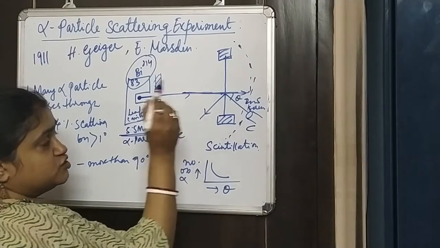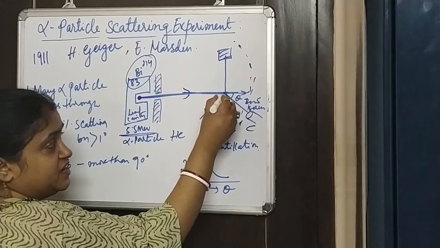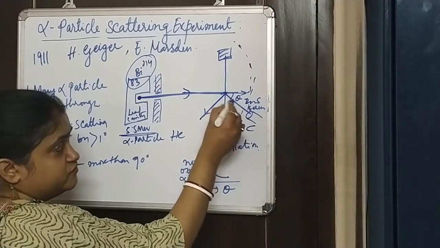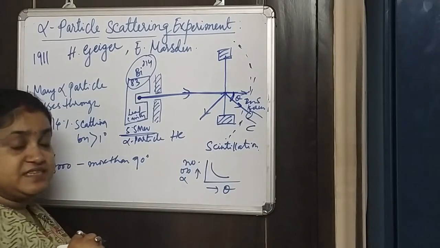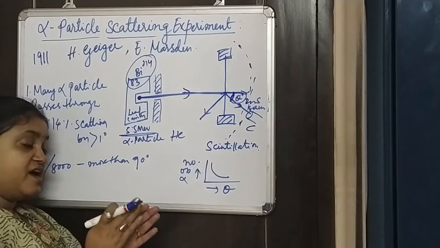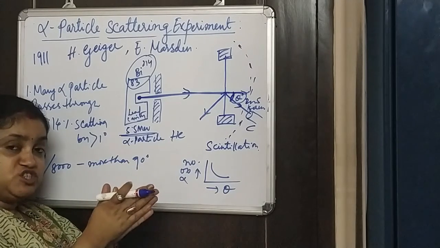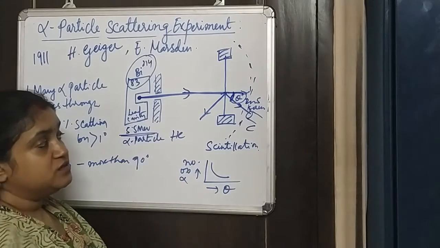Suppose this is the initial direction of the alpha particle, and after hitting, whichever angle it moves from its initial direction is marked as theta, and this angle is called the scattering angle.